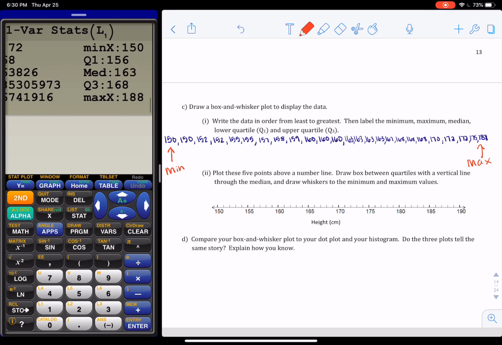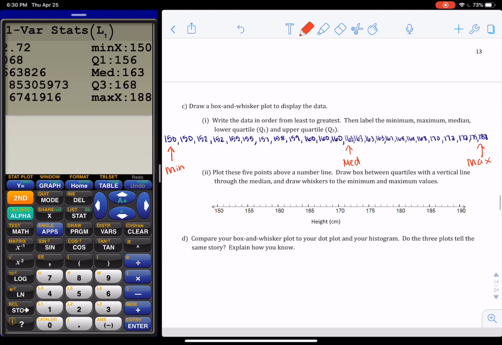And looking here at our calculator, I can see that the median is 163. My Q1 is 156, which we don't have here, so we're going to go ahead and use 155. And then Q3 is 168.